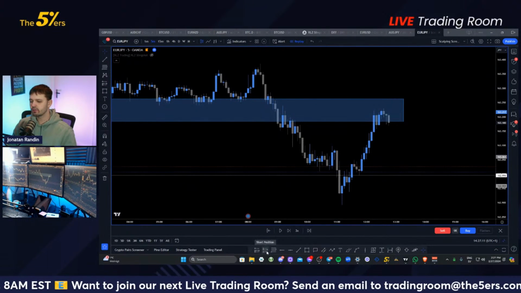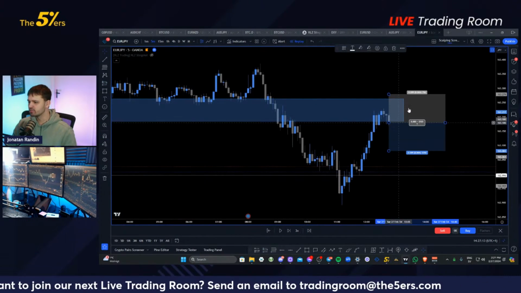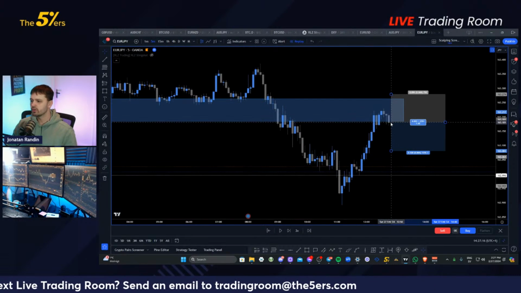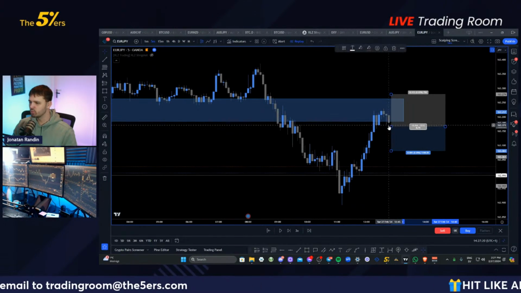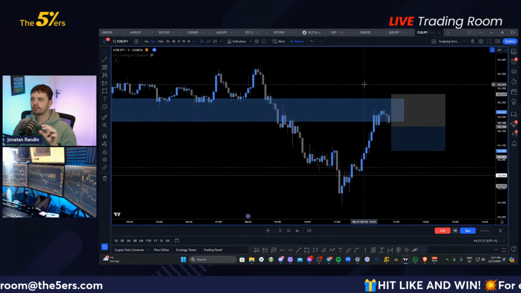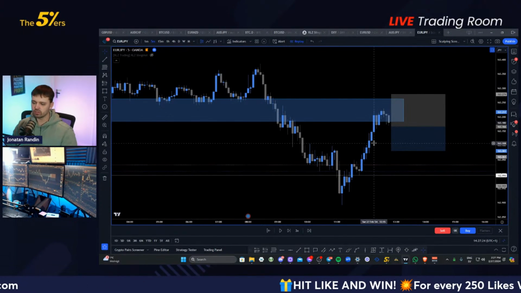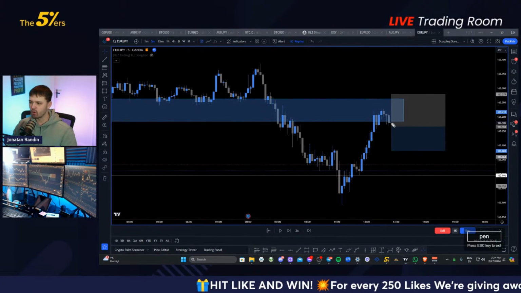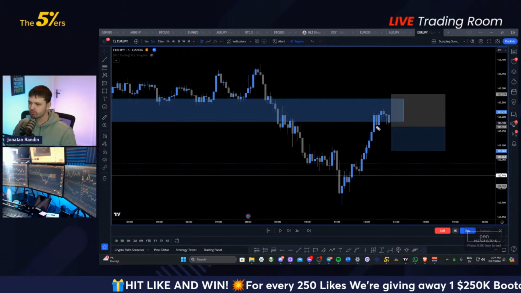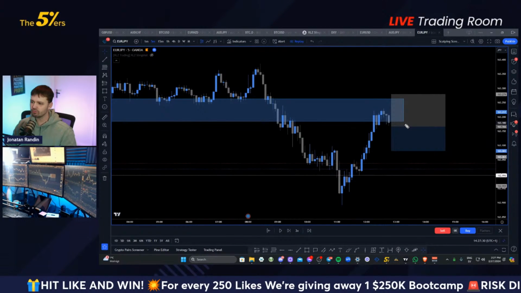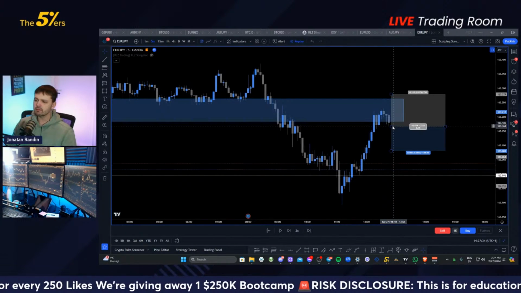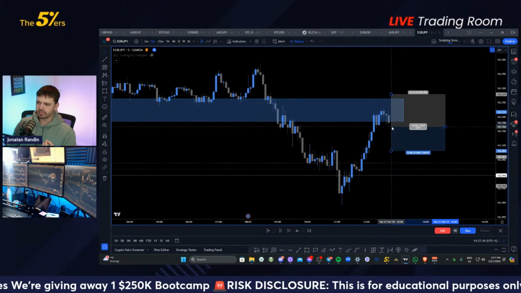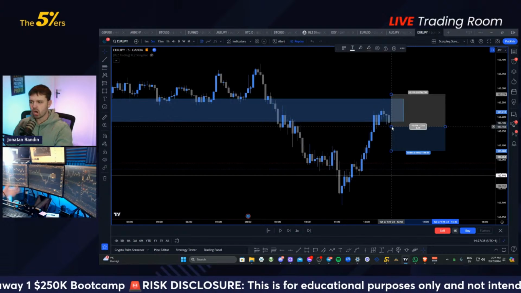So right here, you might want to just market short this. You can also put in a stop limit order right below the wick, and that's actually a good way of doing it as well, because you don't know if the next candle might open here and just go straight up. But if price goes below this level, there's a fairly high chance the price is going lower, right? So sometimes I like to experiment with using a stop limit order.